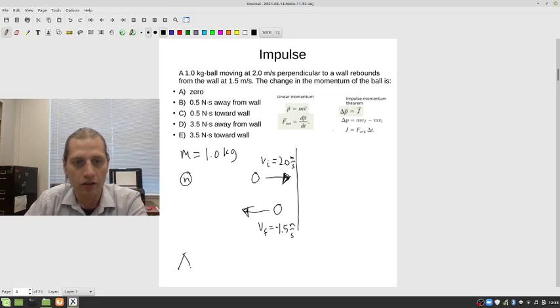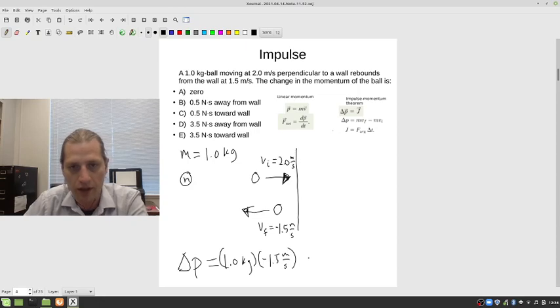And so when you find your change in p, that would be 1.0 kilogram times v final, minus 1.5 meters per second. And then this would be minus 1 kilogram times 2.0.